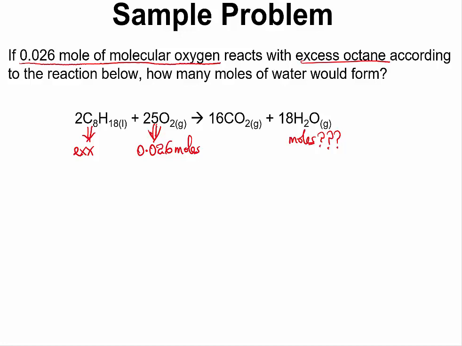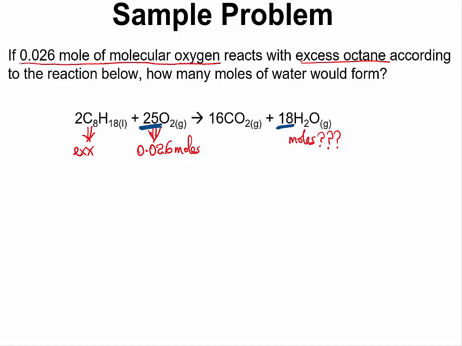If you look at the reaction, you would see the direct relationship between what you want and what you know. The relationship is that 25 moles of molecular oxygen will normally give us 18 moles of water.